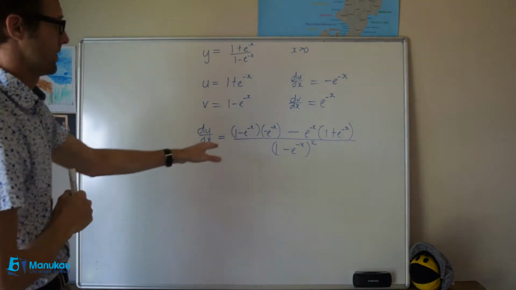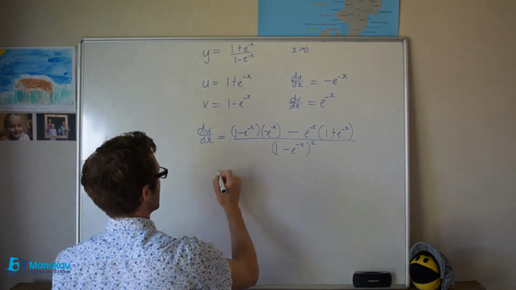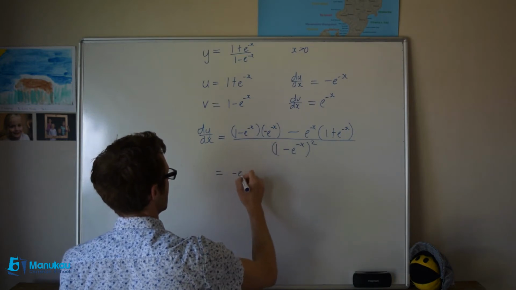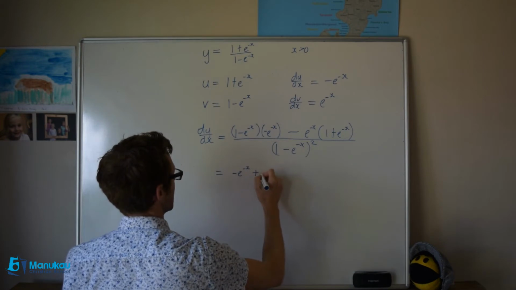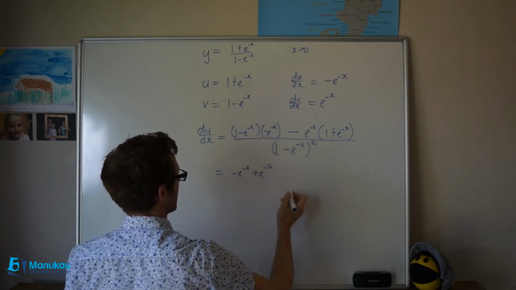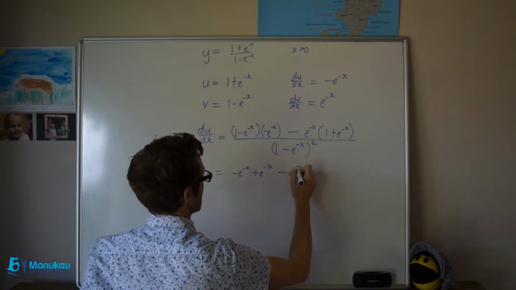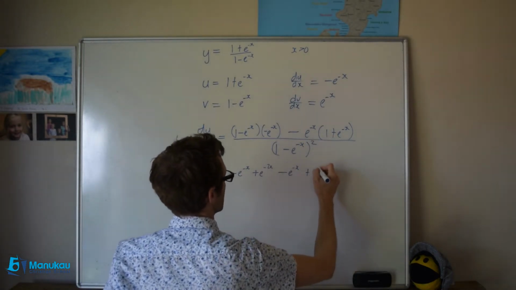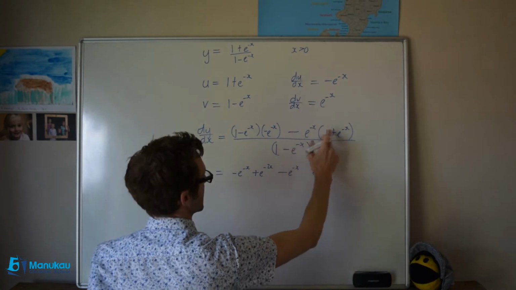Okay, now let's expand out our work here. So what do we end up with? Negative e to the minus x plus e to the power minus 2x, minus e to the minus x, minus e to the minus x times 1.